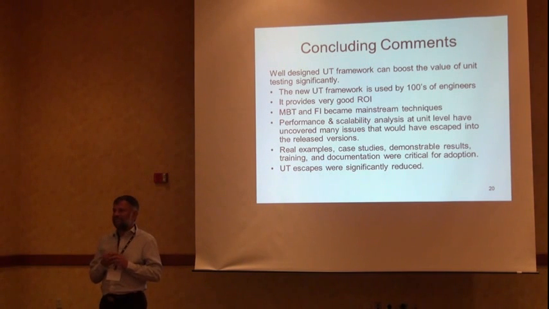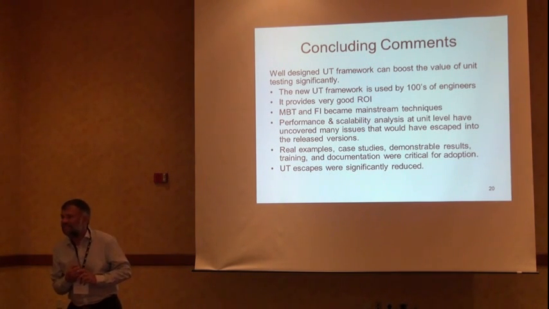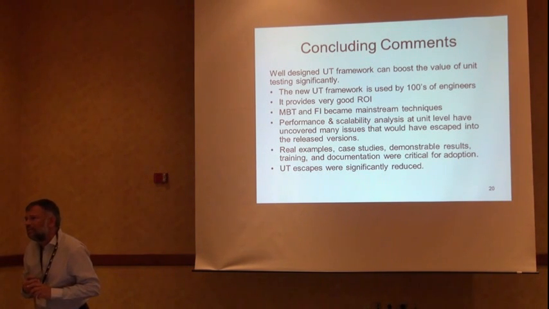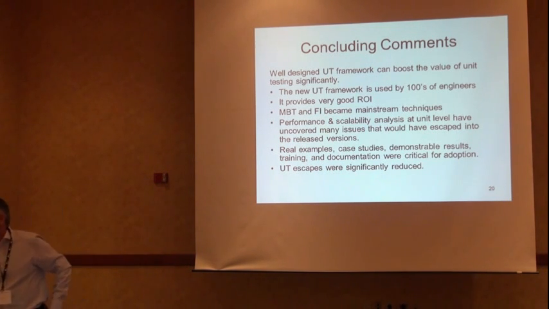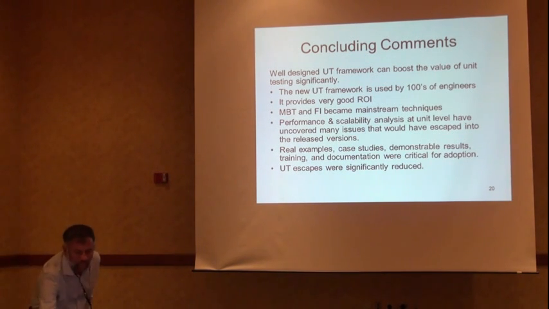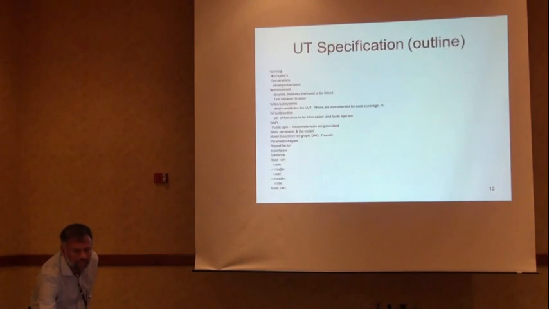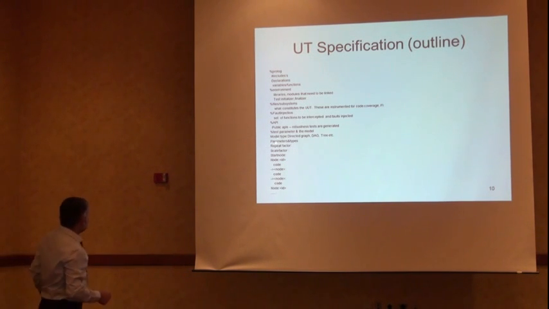Yeah, go. This question is a continuation of that question. What kind of notation do you use for making those graphs? Oh, notation? Yes. Let's go back to that. It's a textual notation.